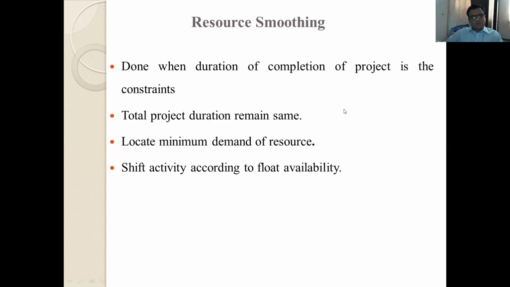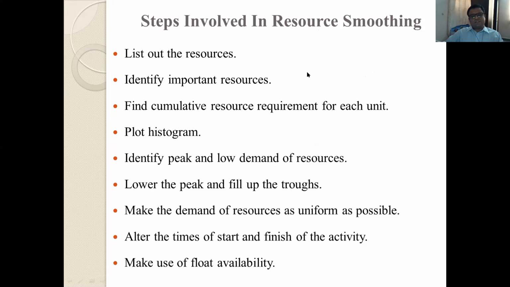In that case, we have to locate minimum demand of resources, and we have to shift the activity according to the float availability. That will be done in case of resource smoothing, which we have seen during last lecture. We are just revising whatever part we covered during last lecture.